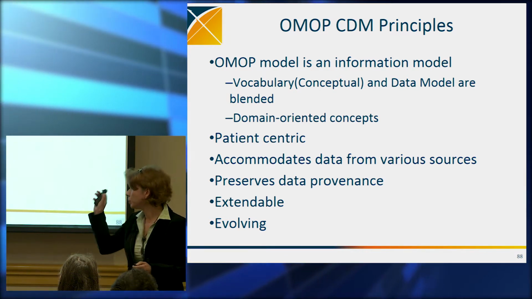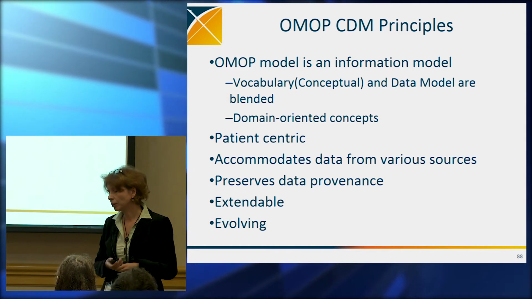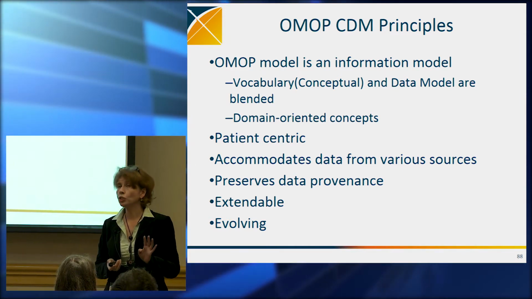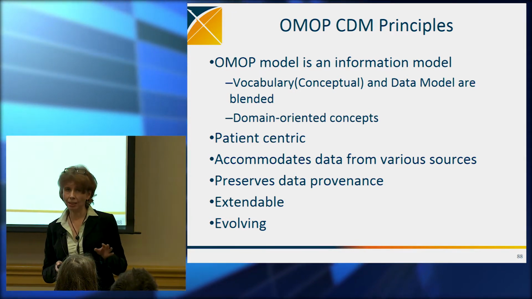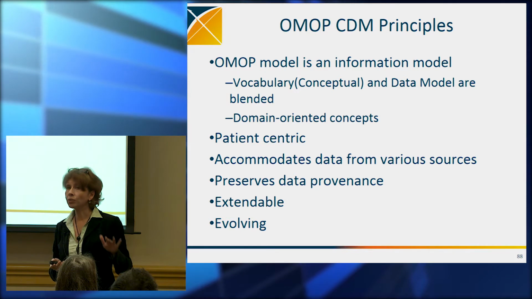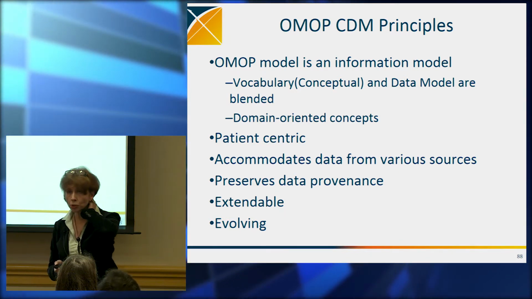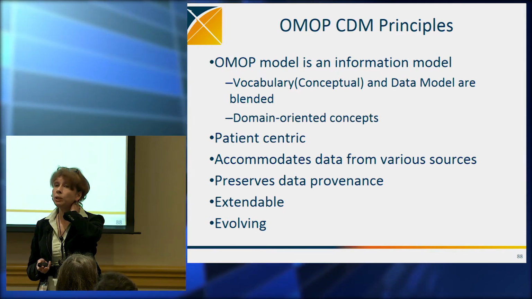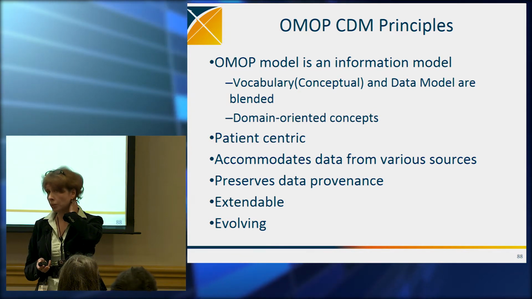The other very important principle of the OMOP CDM is that it preserves provenance or source data. It preserves it at different levels. In addition to storing the standard concept IDs, you can store the source value for all of your data.